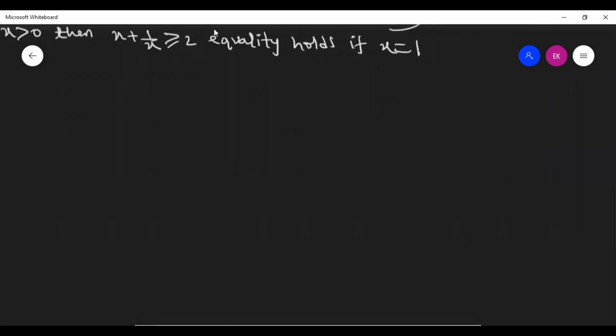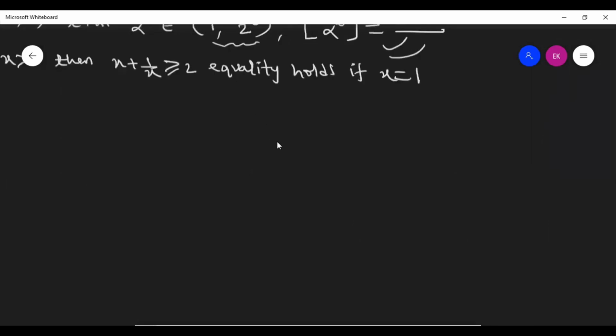You can check it manually. If you take 1, then it becomes 2. Otherwise, if you take any positive number, then x plus 1 by x is always greater than 2.